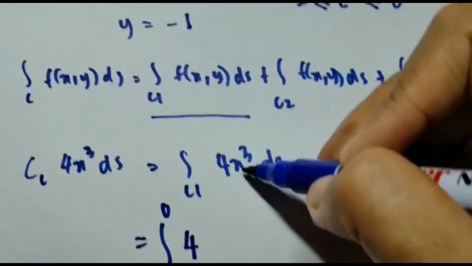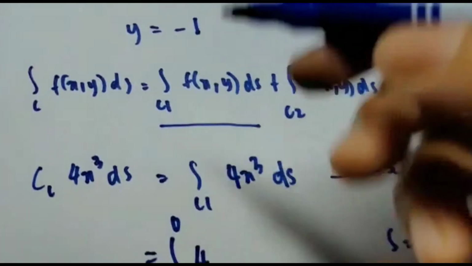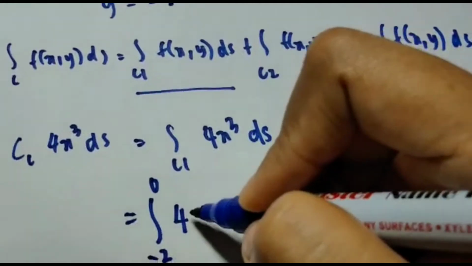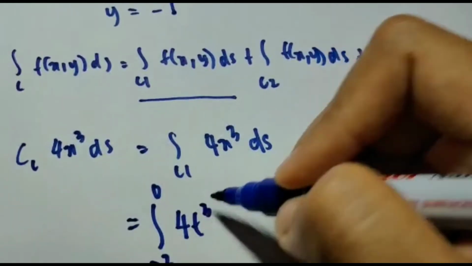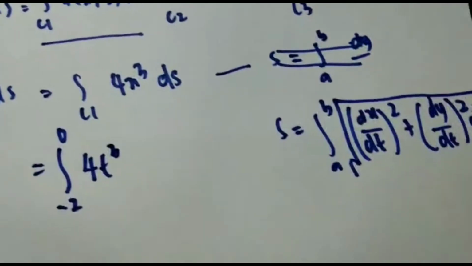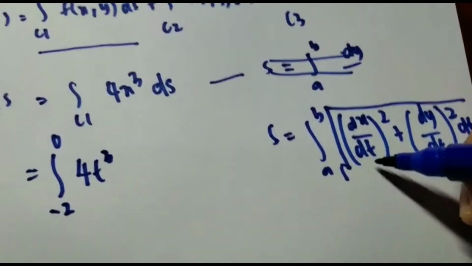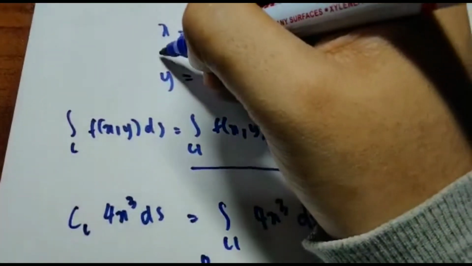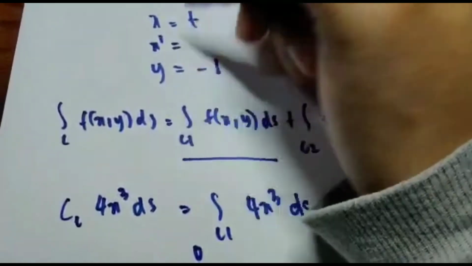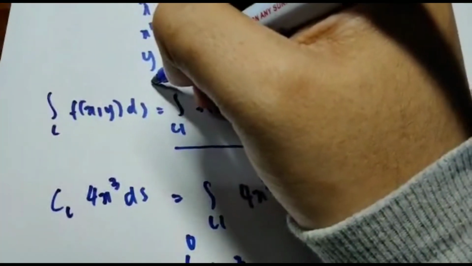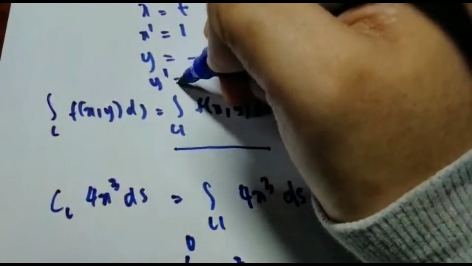For x we get t cubed, and differentiating, dx/dt, x prime is 1, y prime is 0.